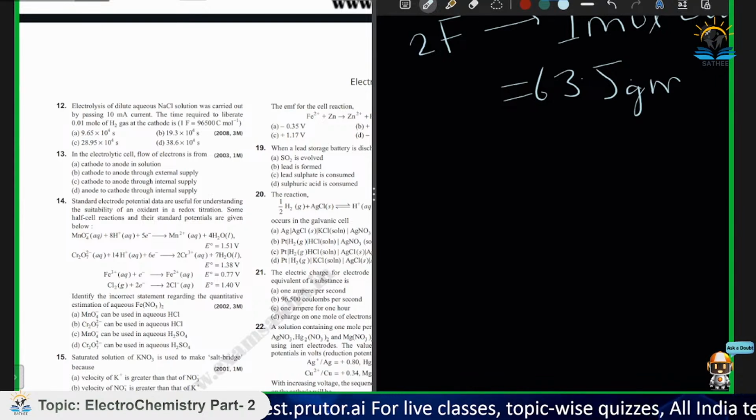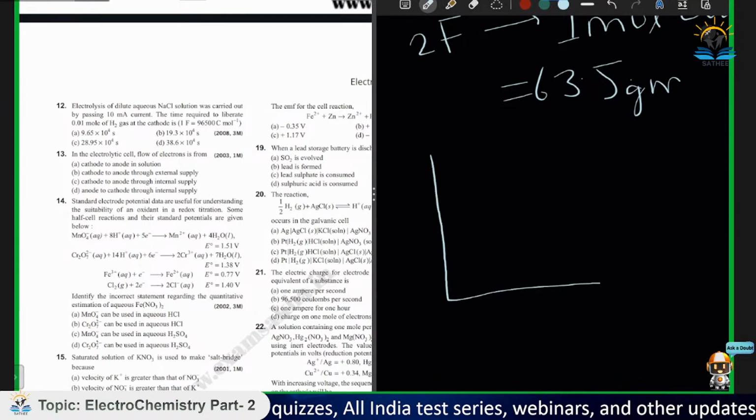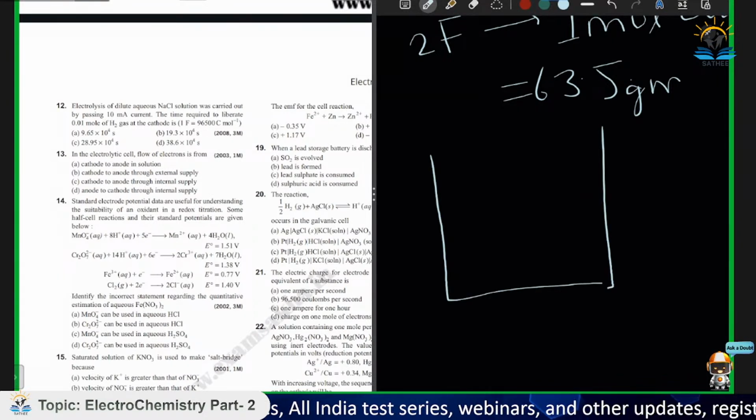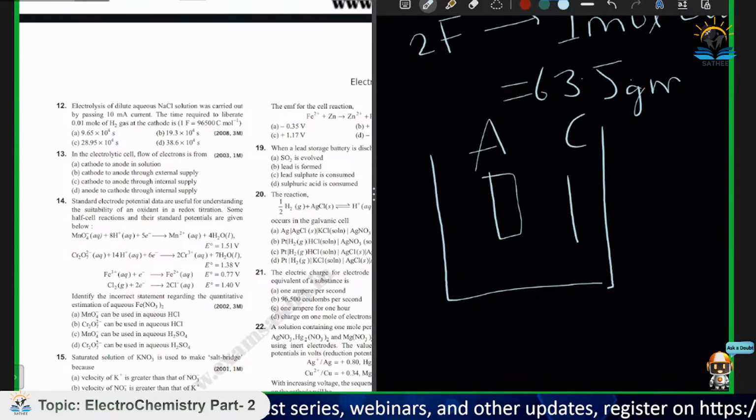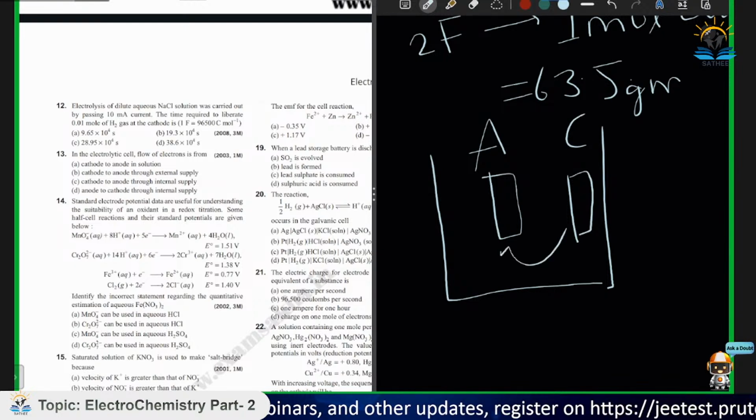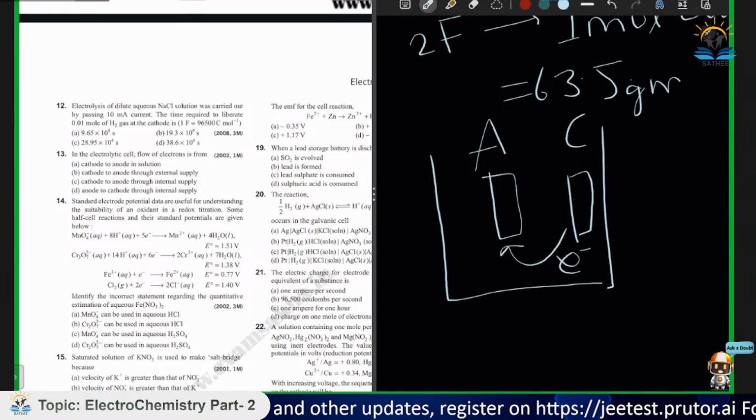You're supplying the electrons to the cathode, so the electron moves from cathode to anode, because you push them.